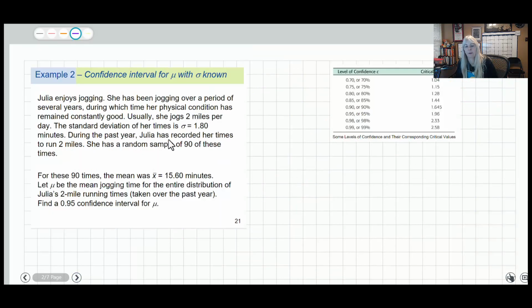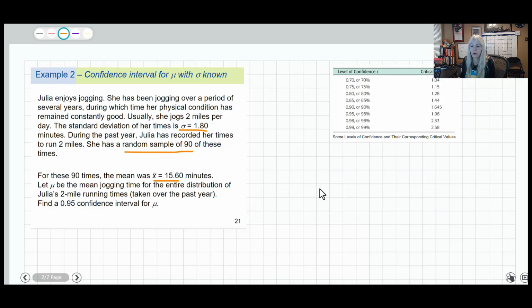So this example says this person, Julia, enjoys jogging, and she has her population standard deviation given here, and we have a random sample. This is important because this is definitely greater than 30, so we can approximate this with a normal distribution. What does that mean? We can use the z-table for our critical values, and then we're given her sample mean based on her jogs.